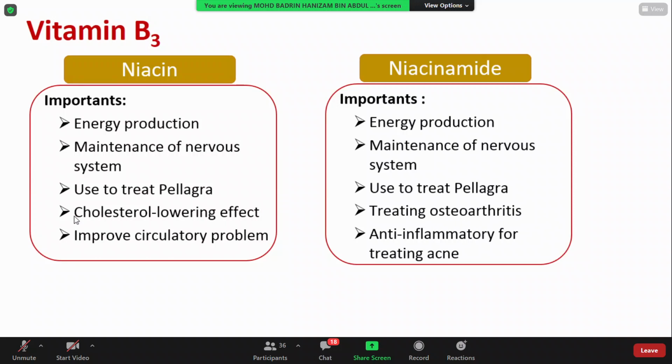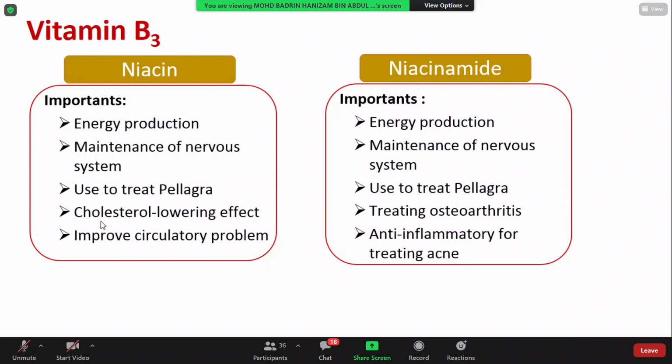Niacinamide has been reported to be able to treat osteoarthritis, and niacin improves circulatory problems, while niacinamide is anti-inflammatory for treating acne.